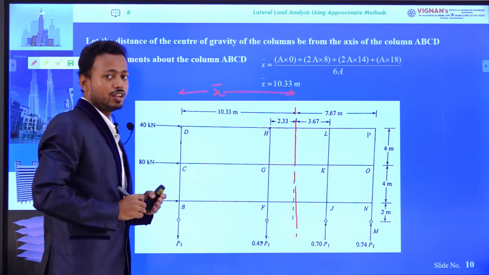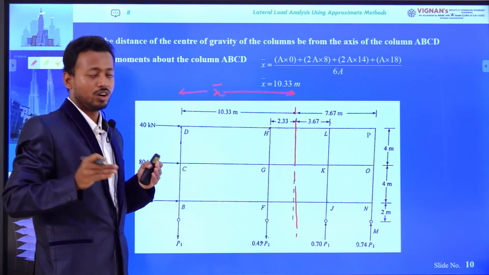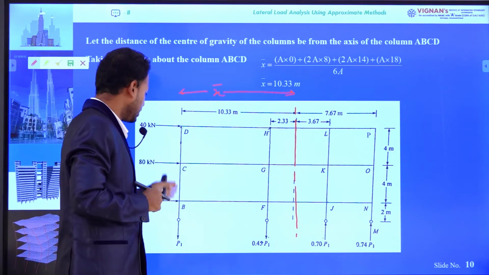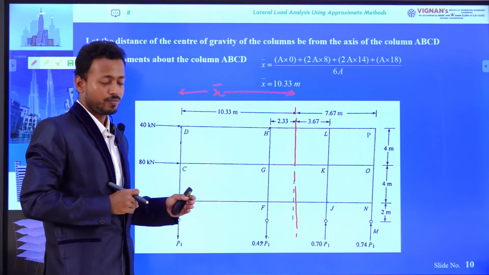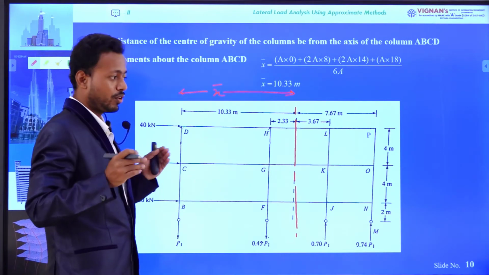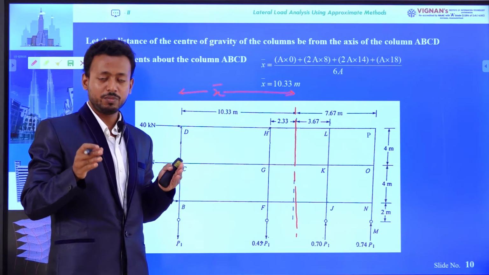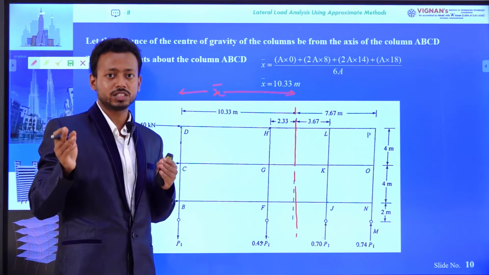We will determine the distance of the centroidal axis from the left end. The formula we will use is x bar equals a1 x1 plus a2 x2 divided by a1 plus a2.